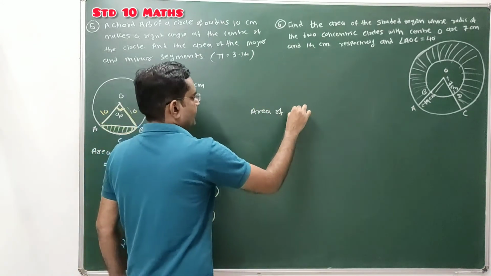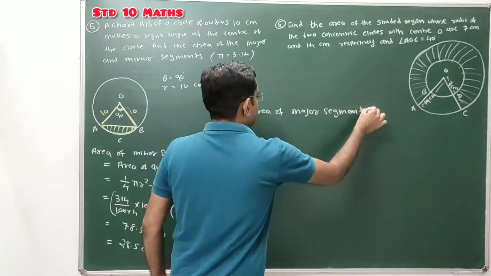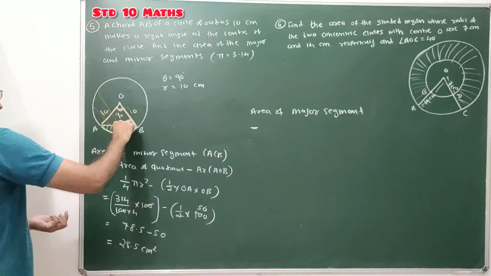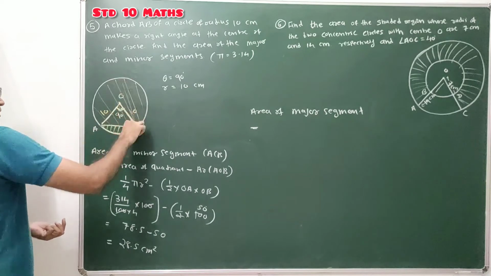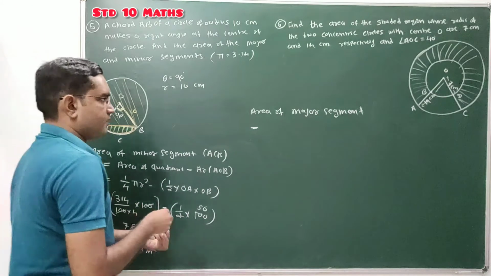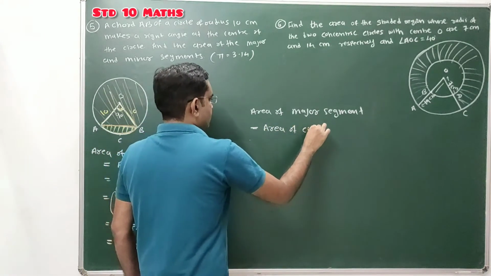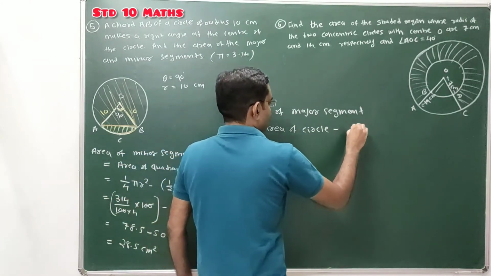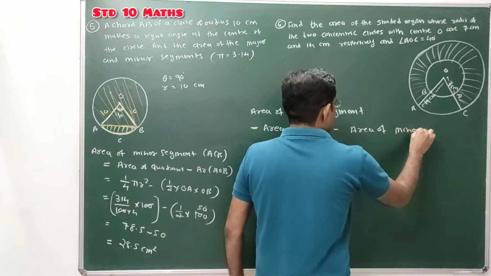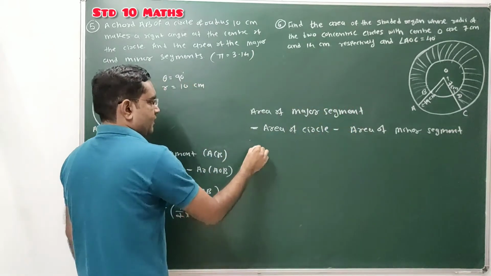Area of major segment is nothing but the area of circle minus area of this minor segment.